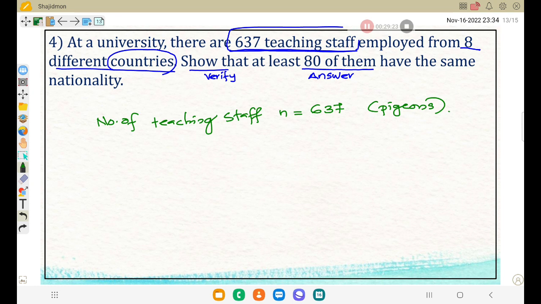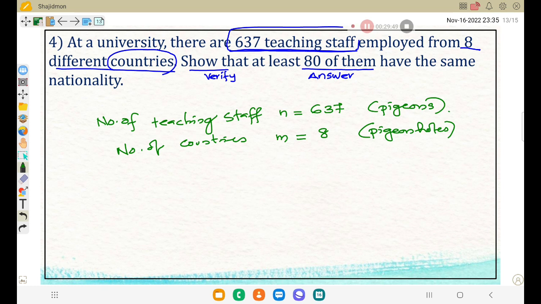Country, correct? Nationality, which country. So how many countries are there? The number of countries, m equals 8. So these are the pigeonholes. The name of the country, the nationality, is the pigeonhole.